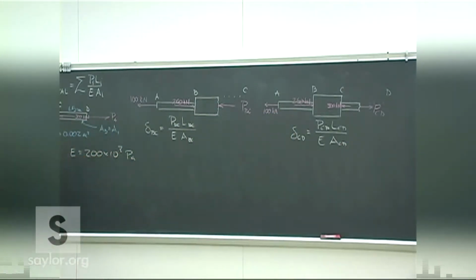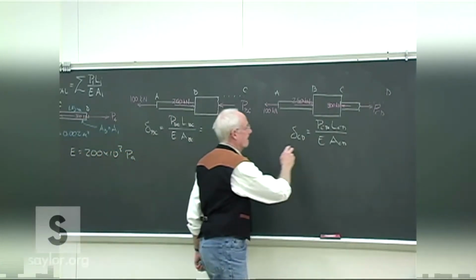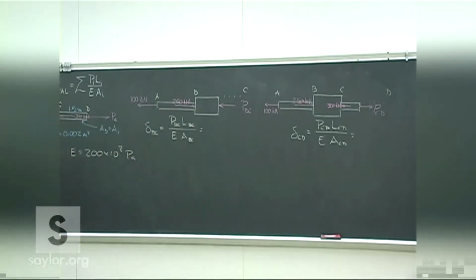And then you just add them all up and you've got the total material deformation of this structural member, whatever it might be under these loads, whatever they might be. All right, so run through those numbers if you would. And let's see if we all agree.